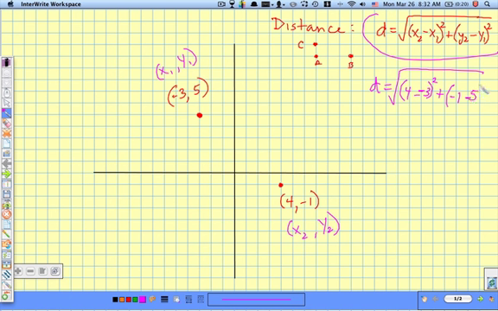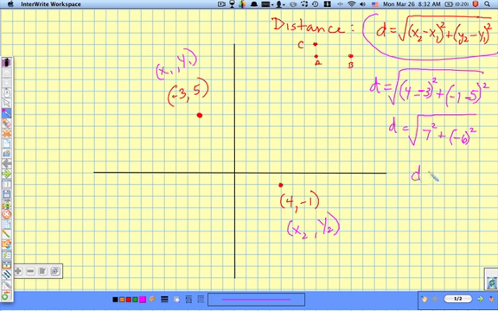So I just plugged them all in and then square that. So distance is equal to the square root of, what's 4 minus -3? It's 7. 7 squared plus -1 minus 5, which is -6, squared.